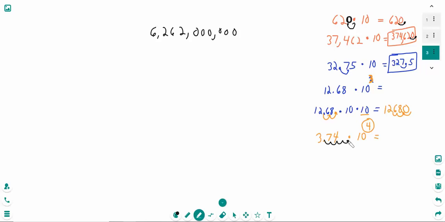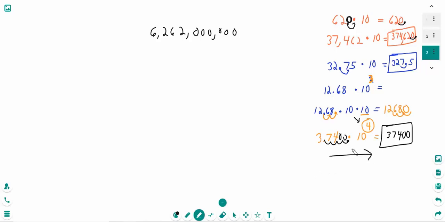It's going to be right here, but now I have to add 2 zeros in here, right? So the answer is 374 followed by 2 zeros. Okay? Do you see how that works? So again, just to recap, when we multiply something by 10 to an exponent, the exponent is going to tell us how many places to the right we are going to move the decimal point.